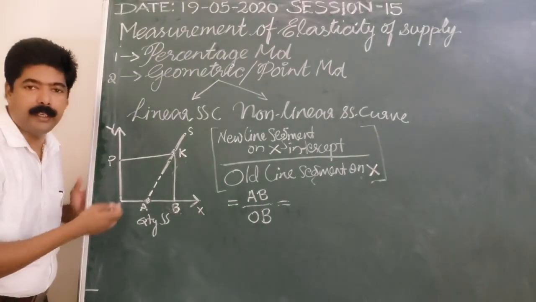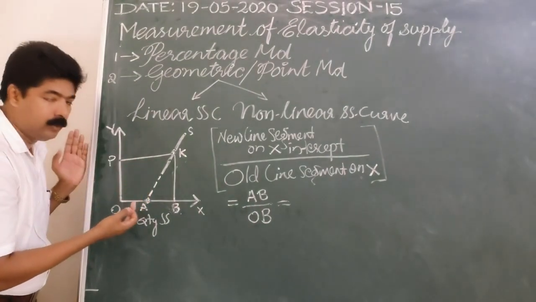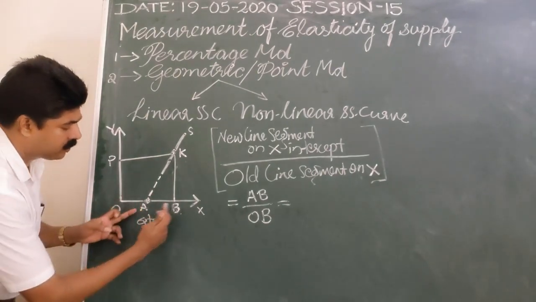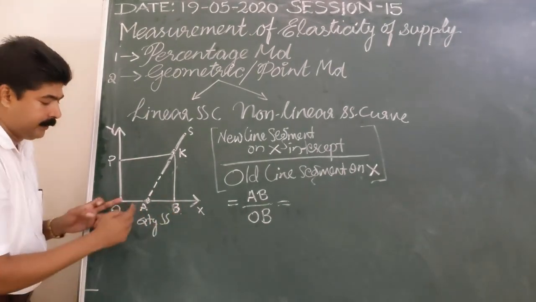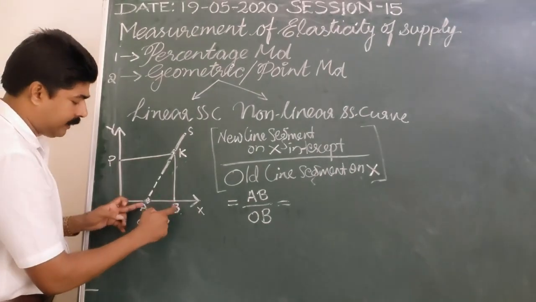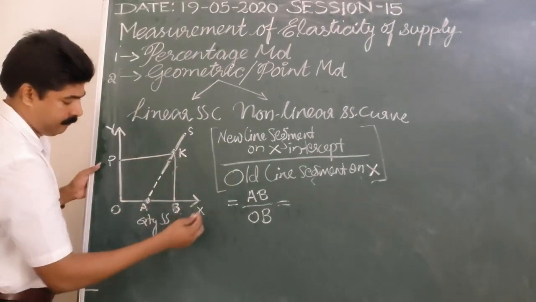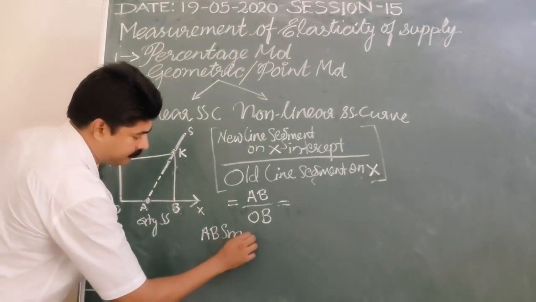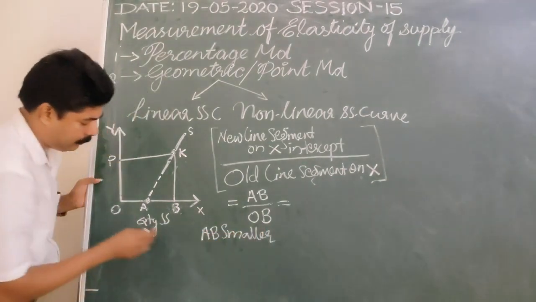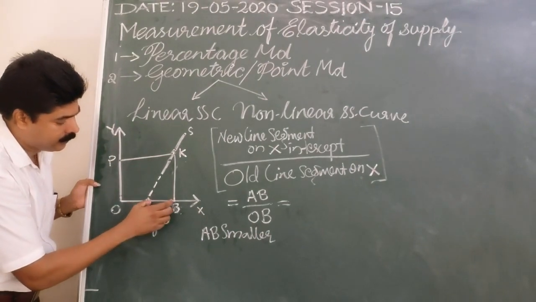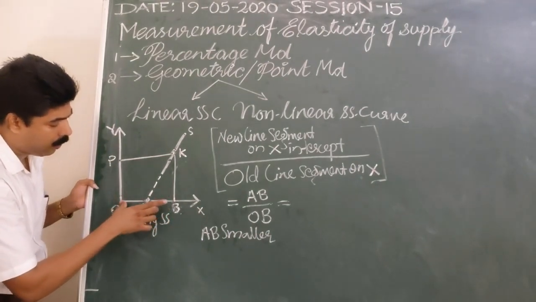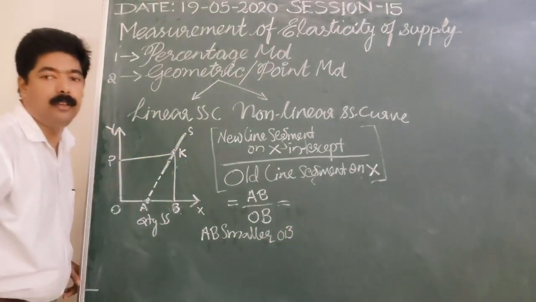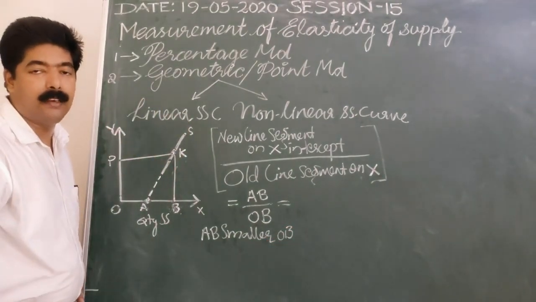Therefore, we can calculate the value. What is the ratio? The horizontal ratio: AB is smaller than OB. The ratio of quantity supplied, AB, this gap, is smaller than OB. Therefore, the value is less than 1.